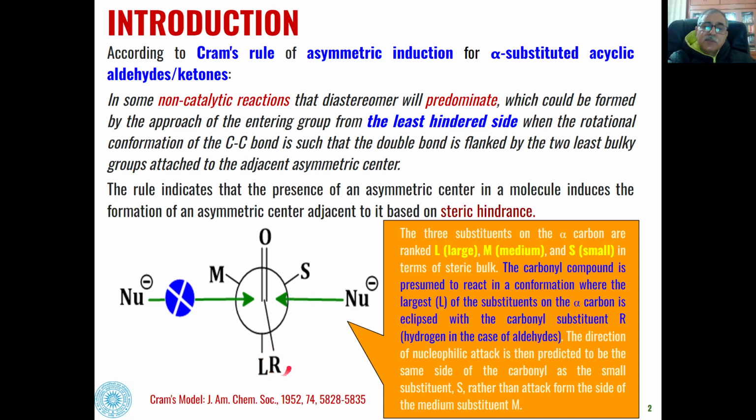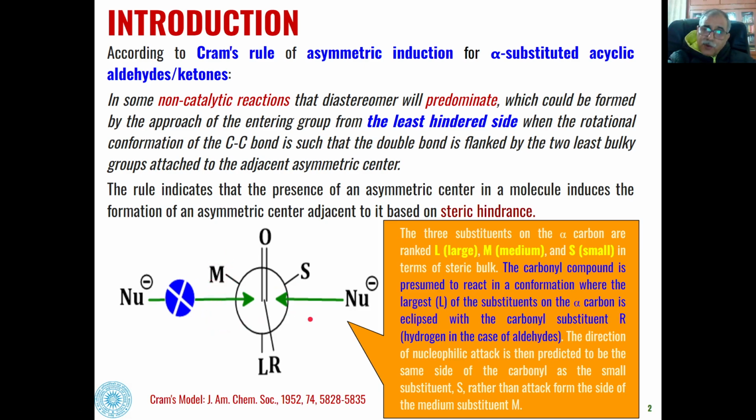In case of aldehydes this R will be hydrogen, whereas in case of ketones it may be an alkyl group or aryl group. In such a conformation, the attack of the nucleophile is from the side of the carbonyl where the smallest group is present, rather than attack from the medium group.